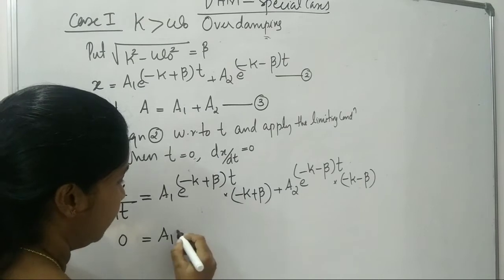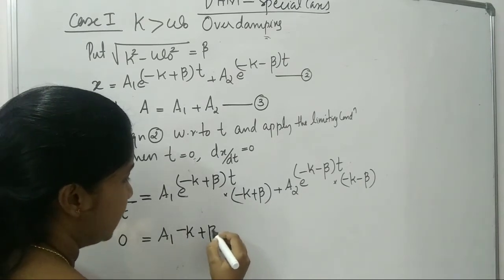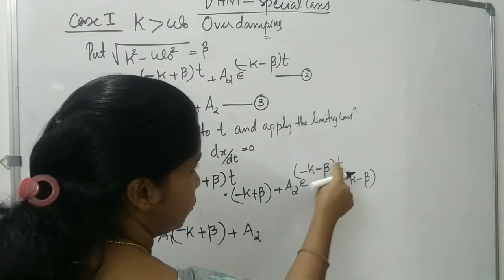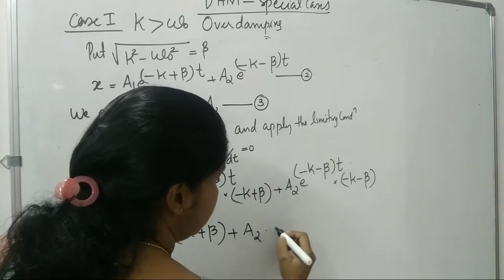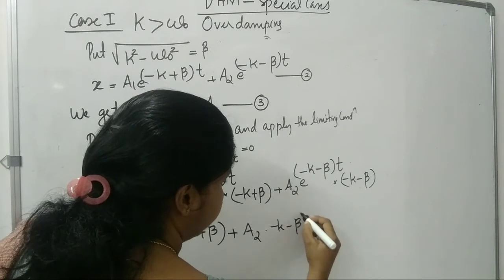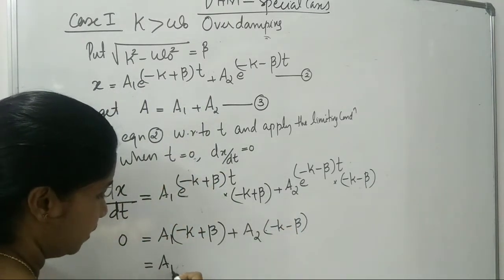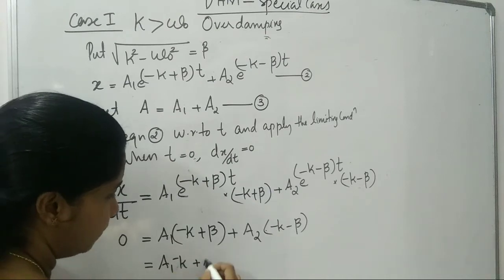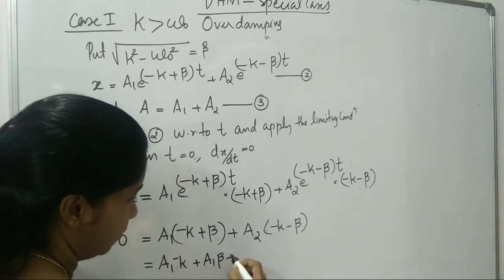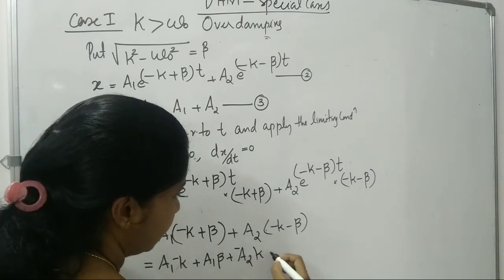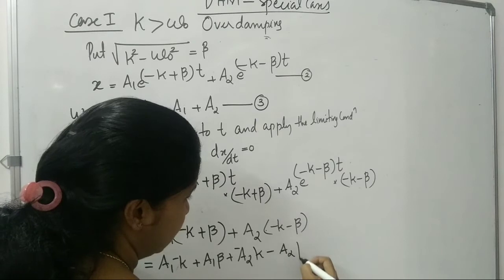So we can write minus k plus beta plus a2 into e raised to 0, which is 1, into minus k minus beta. Then open the bracket. So we get a1 into minus k plus a1 into beta plus a2 into minus k minus a2 into beta.